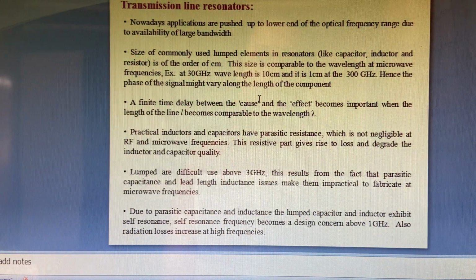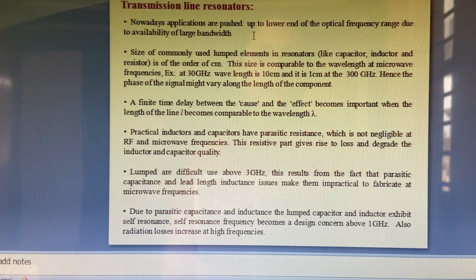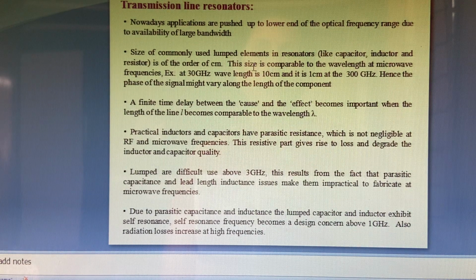The solution is that people use transmission line resonators instead of lumped element resonators at RF and microwave frequencies. Transmission lines are used to implement the resonators.